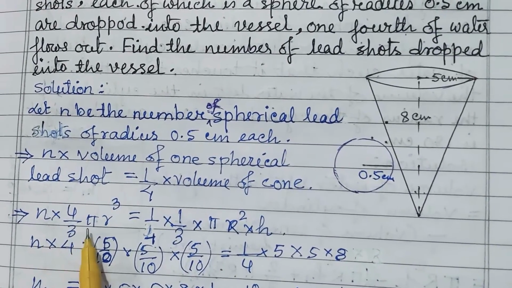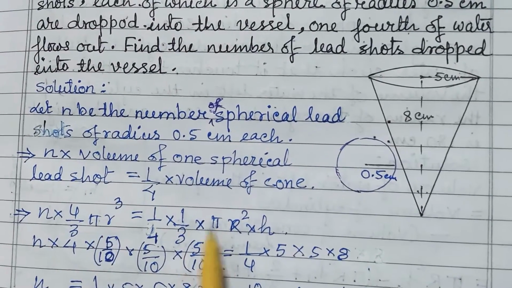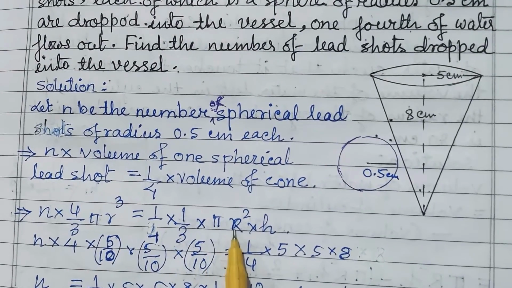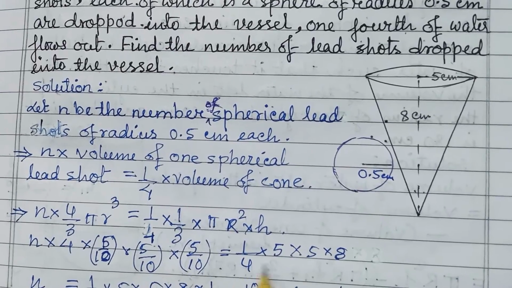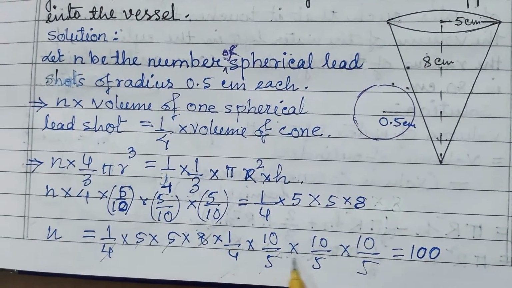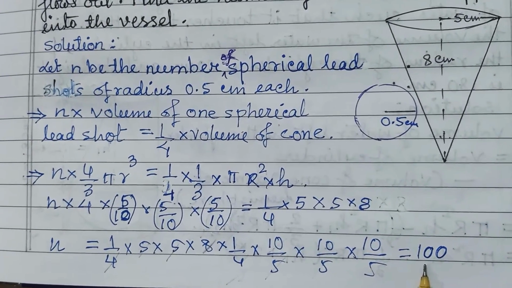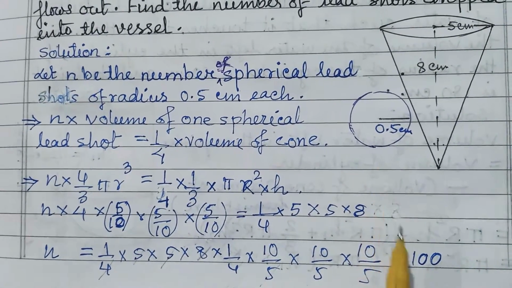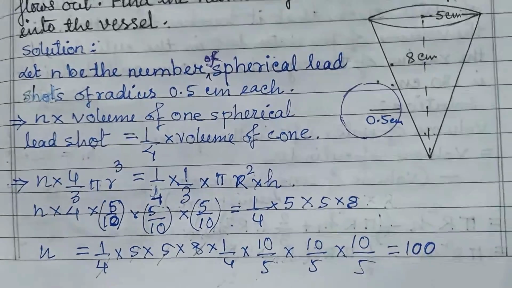Now substitute the values of π, small r, capital R and h and cancel. So n is equal to, when you calculate it, 100. That means there are 100 lead shots.